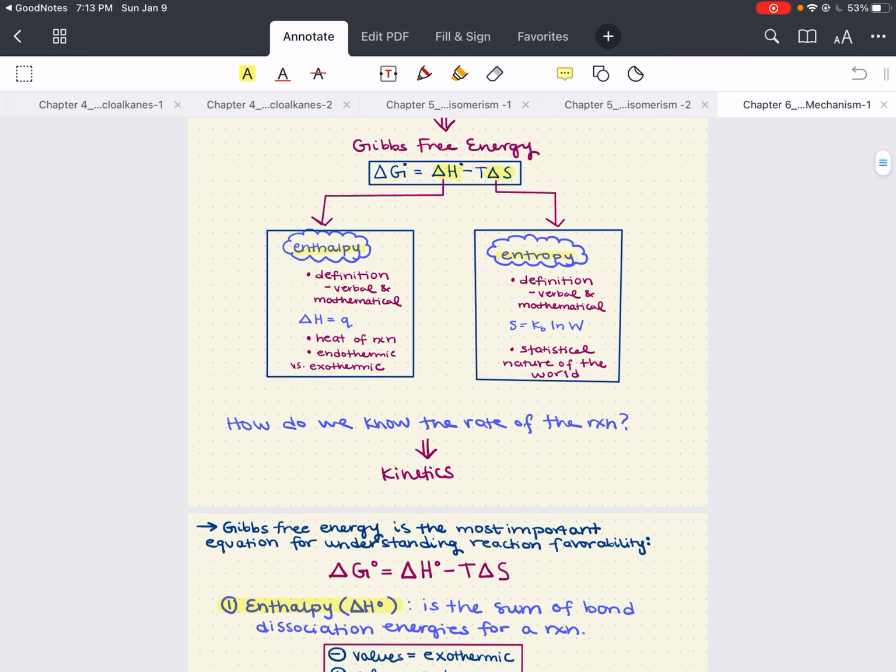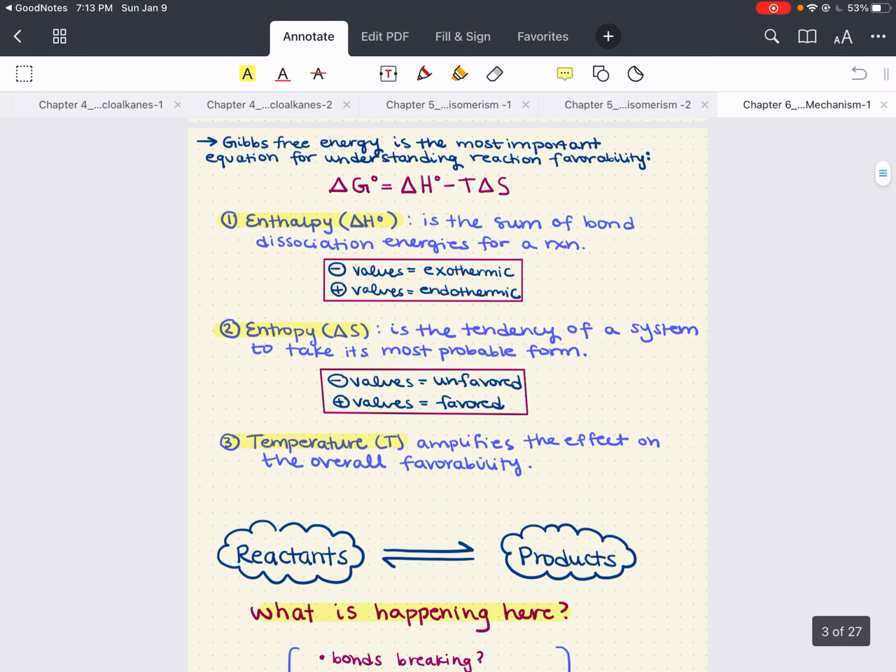So, anyway, in order for a process to be spontaneous, in order for a reaction to proceed, the change in Gibbs free energy has to actually be negative.